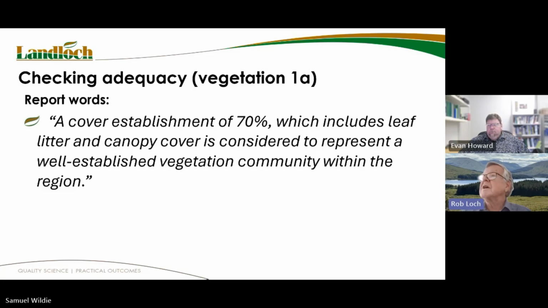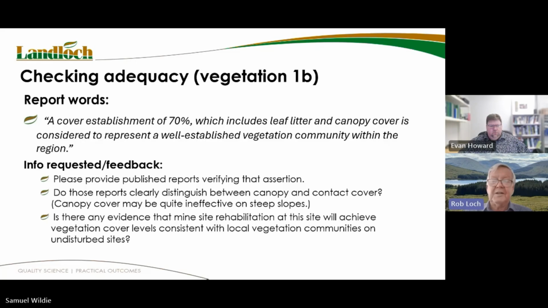So we have a look at this one, and again, if you say it quickly, this sounds quite credible. Cover establishment of 70%, including leaf litter and canopy, is considered to represent a well-established vegetation community within the region. Right. But does someone old, cynical and grumpy believe that?